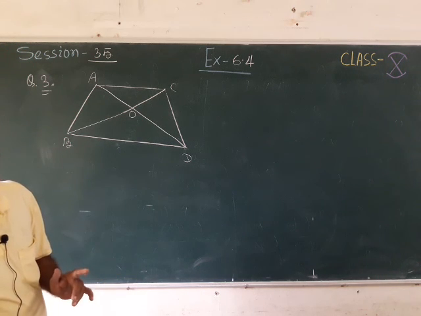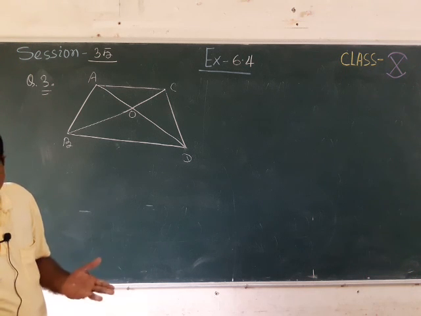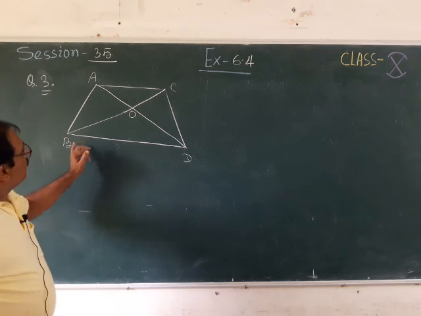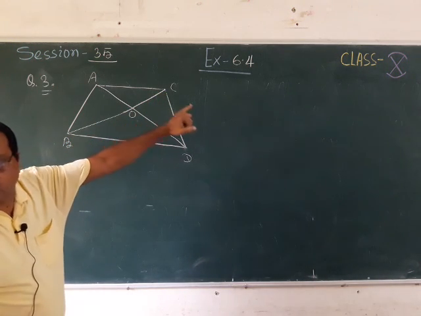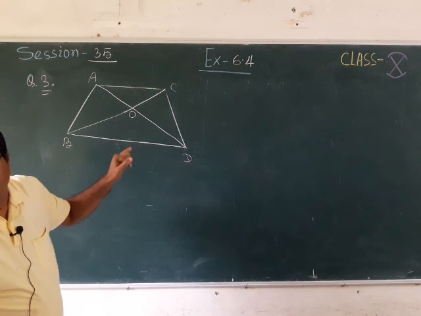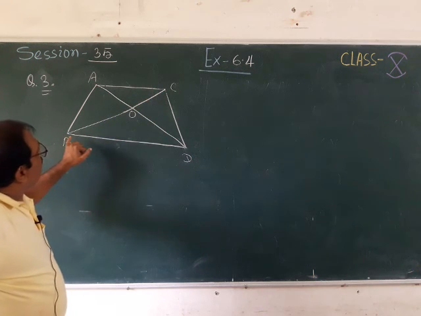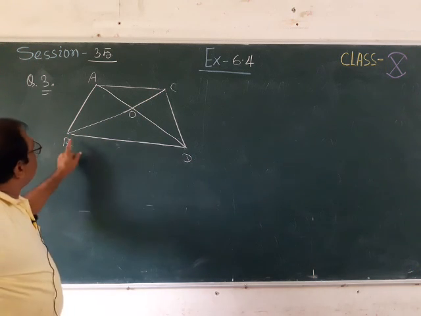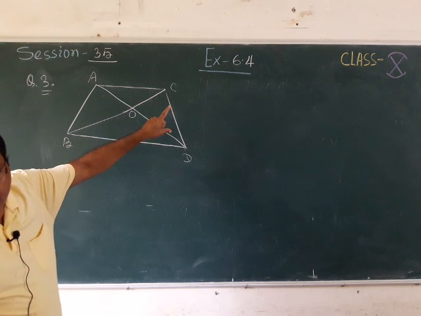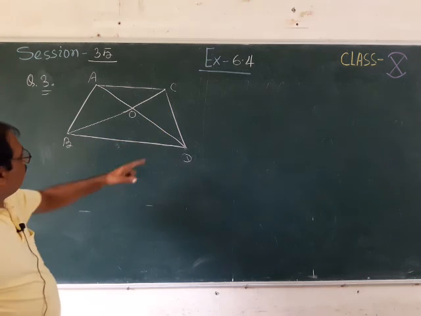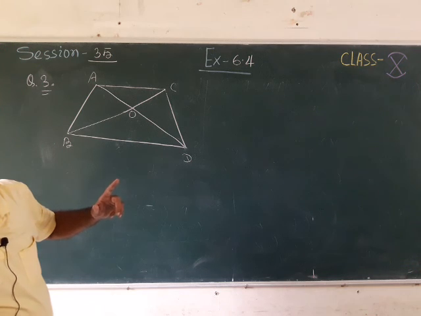So now ABC and DBC are two triangles on the same base BC. You can see the same base BC. They have given the same base BC.